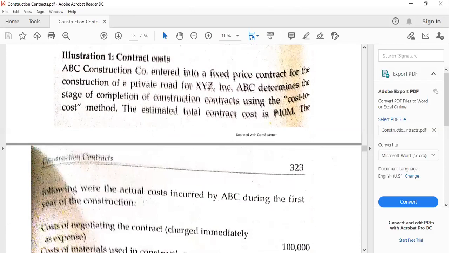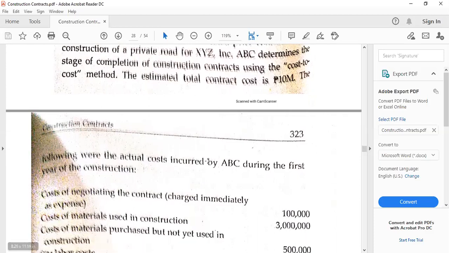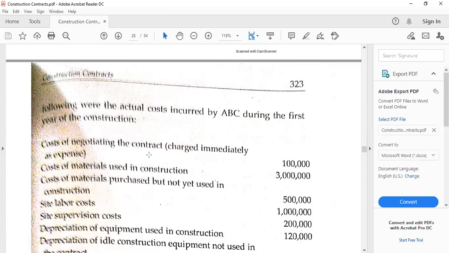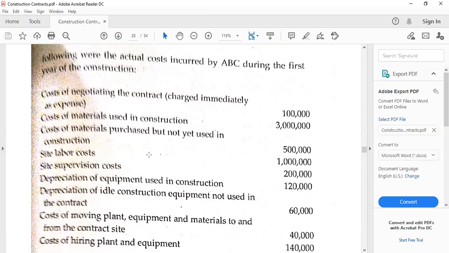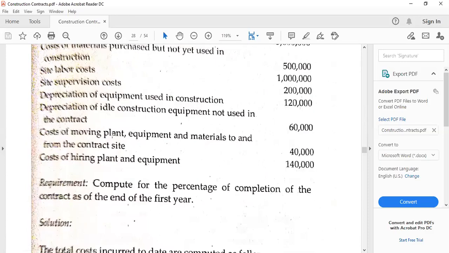After that, we have the following illustration. So this is a case of ABC Construction Company using the cost-to-cost method. The price contract is fixed. Total contract cost is 10 million pesos, and these are the actual costs incurred by ABC during the first year of the construction. So here are the following items.